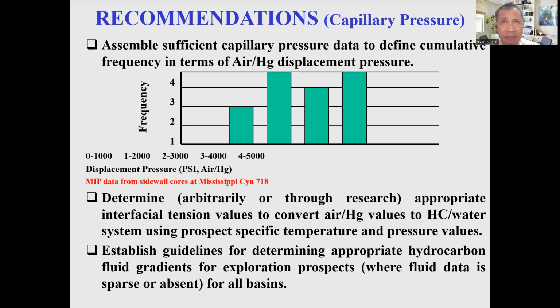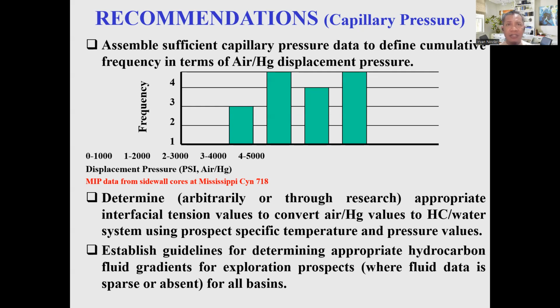Additionally, it is advised to determine suitable interfacial tension values to convert the air mercury values to the hydrocarbon water system using specific temperature and pressure conditions. Furthermore, guidelines should be established to determine the appropriate hydrocarbon fluid gradient for exploration prospects basin-wide, where fluid data is sometimes limited or even unavailable.